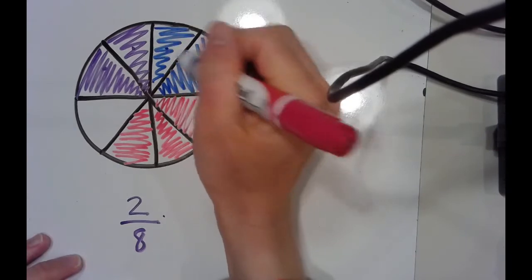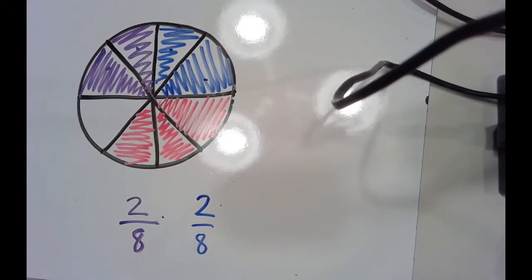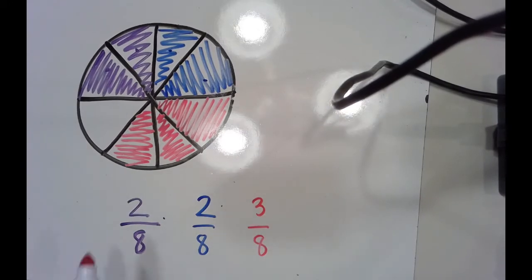Jackie ate 2 pieces out of 8 as well, because there's 8 pieces in all. And Kelly ate 3 pieces out of 8, because there's 8 pieces in all. So I ate 2/8 of the pizza, Jackie ate 2/8 of the pizza, and Kelly ate 3/8 of the pizza. What fraction of the pizza did we eat in all?